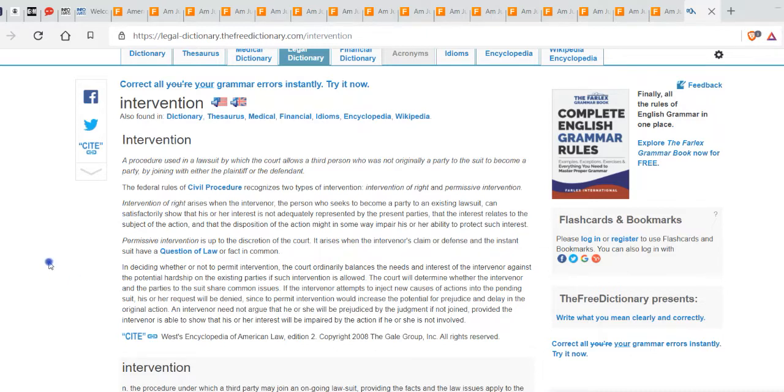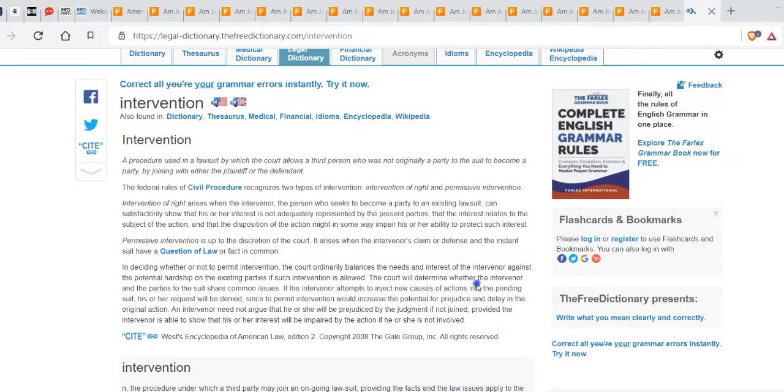So permissive intervention is up to the discretion of the court. It arises when the intervener's claim or defense and the instant suit have a question of law or fact in common. In deciding whether or not to permit intervention, the court ordinarily balances the needs and interests of the intervener against the potential hardship on the existing parties if such intervention is allowed.